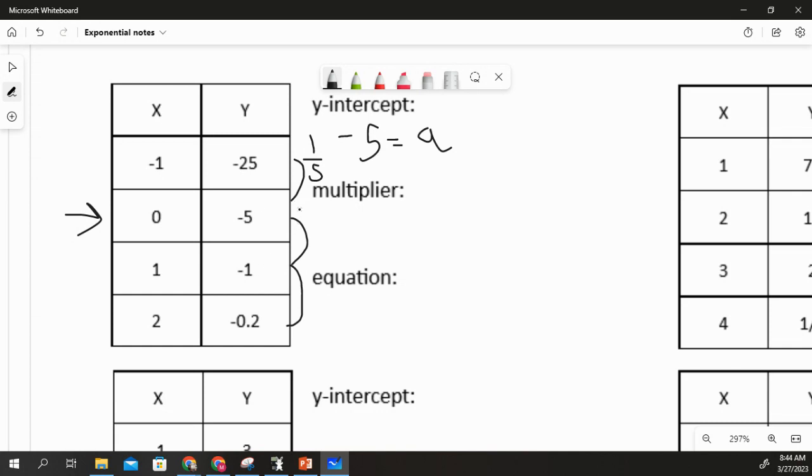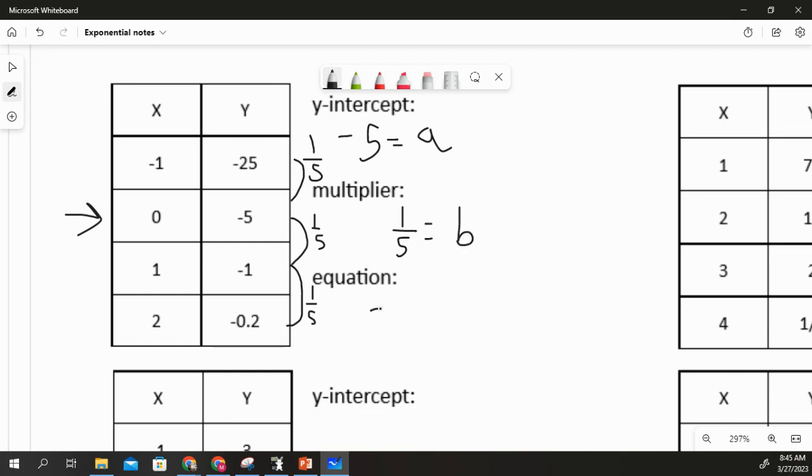If we do that one more time, negative 5 to negative 1, that's also 1 over 5. If we multiply negative 1 by 1 over 5, same thing will happen again. So our multiplier here is 1 over 5, which is going to be our b.